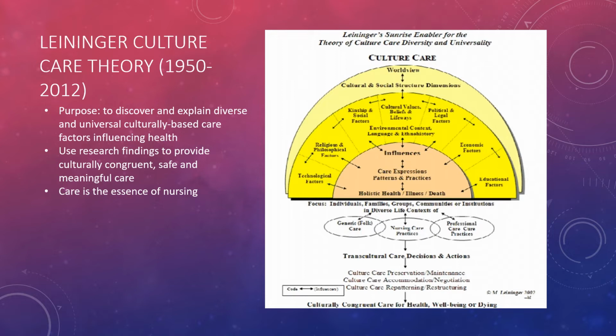So that's to say, someone's political and legal factors are influenced by the way that they are cared for and their access to care, because of what they can politically or legally access. Does that make sense?